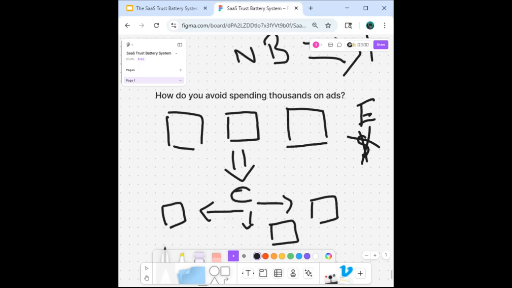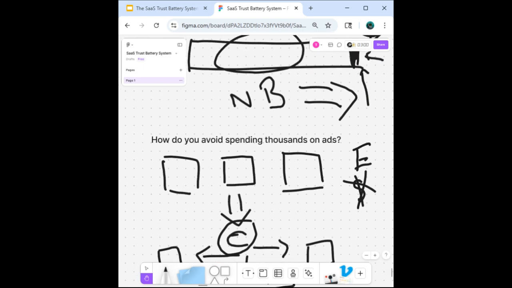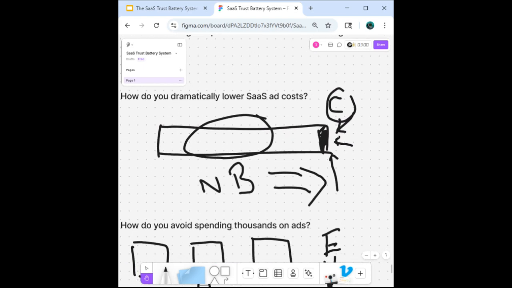Instead, I want you to send them to your content hub. And we're going to talk about how you can actually create content in a second that systematically acquires customers for your SaaS. But the important thing you need to recognize here is that you do not want to be sending them straight to your subscription page. The reason for this is because if you do that, you're targeting again the 2% of people who are willing to buy.